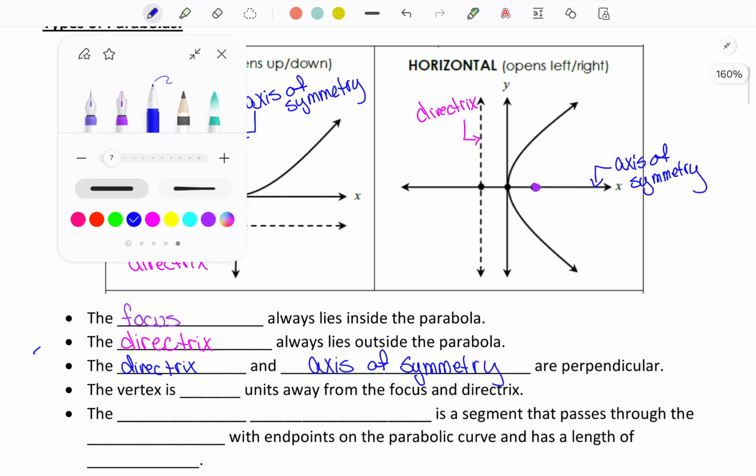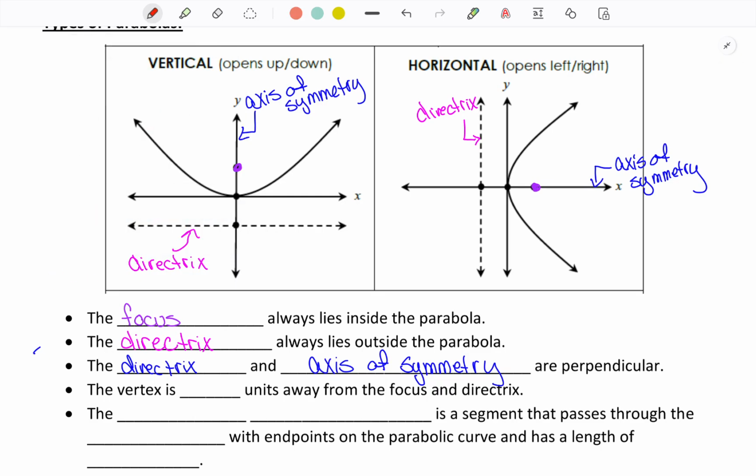And so your vertex is p units away, the absolute value of p units away from the focus and the directrix. So your vertex is kind of the midpoint between those two things.